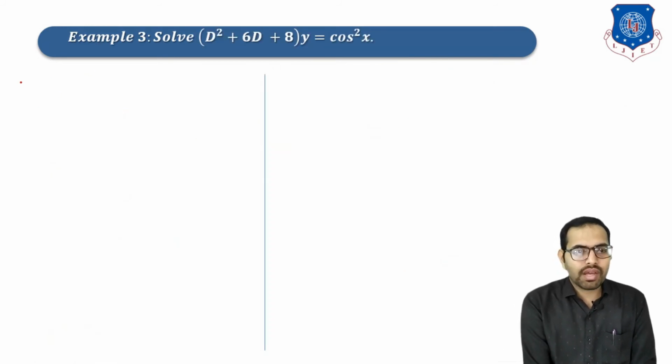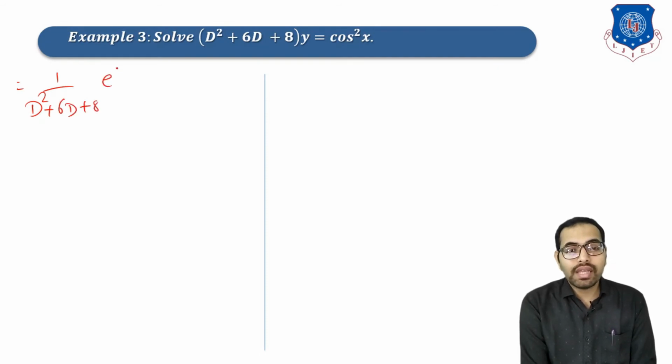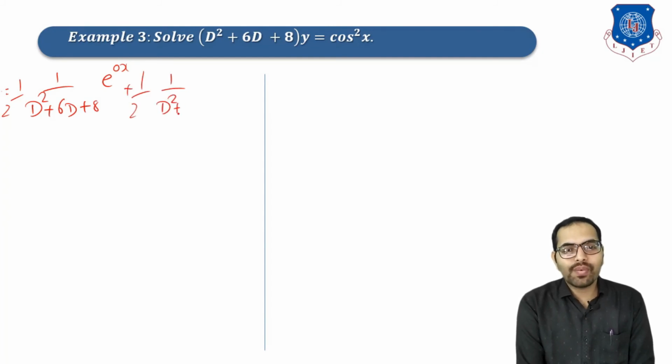Then it becomes 1 upon D² + 6D + 8 e^(0x). Here 1/2 is common: 1/2 plus 1/2 into 1 upon D² + 6D + 8 into cos 2x.